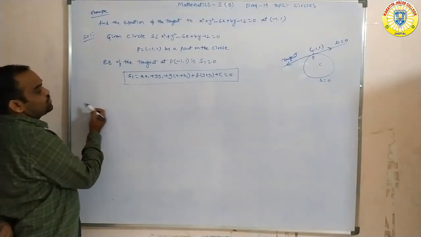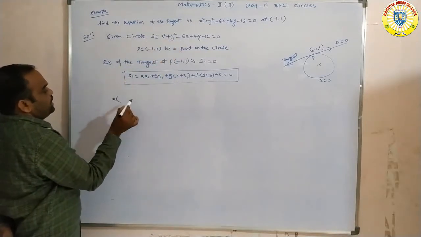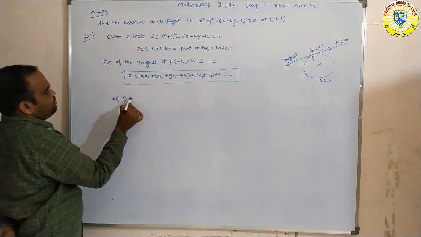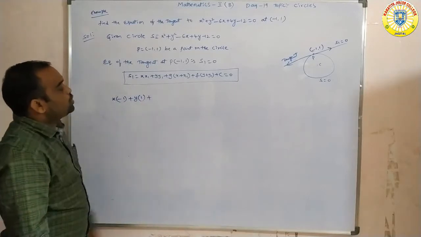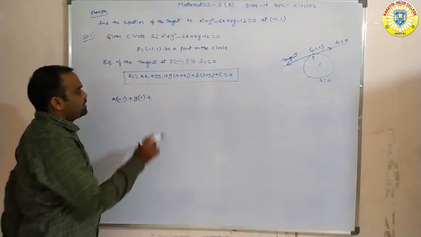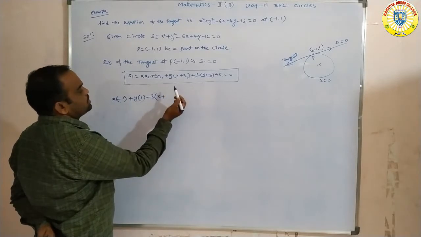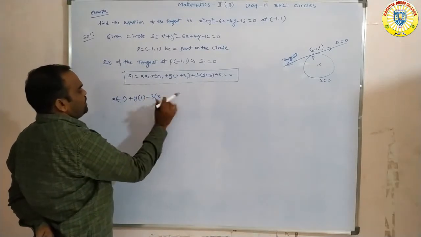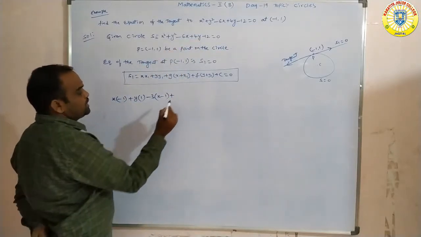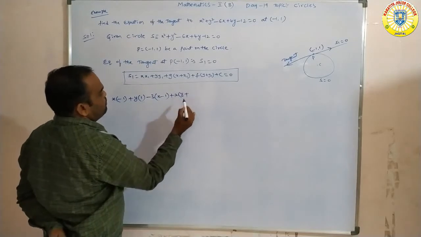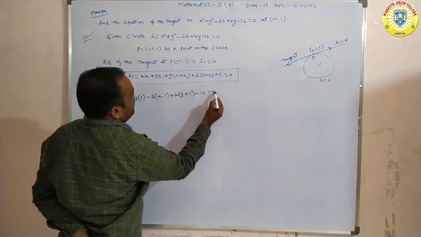Okay, now xx1: x into x1 is equal to minus 1, plus y into y1. What is the y1 value? 1. Plus g of x plus x1: 2g is equal to minus 6, so g is nothing but minus 3, minus 3 into x plus x1, x1 is equal to minus 1. Plus f of y plus y1: 2f is equal to 4, f is nothing but 2, into y plus y1, y1 is equal to 1. Plus c, c is equal to minus 12, equal to 0.